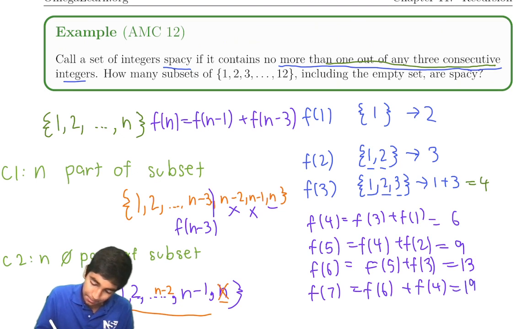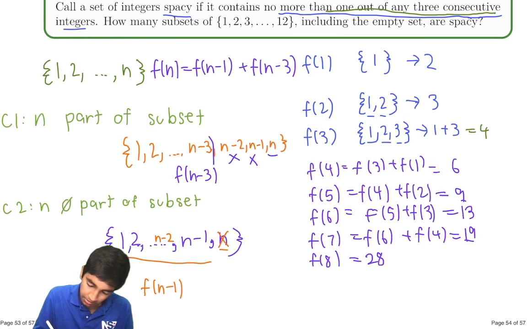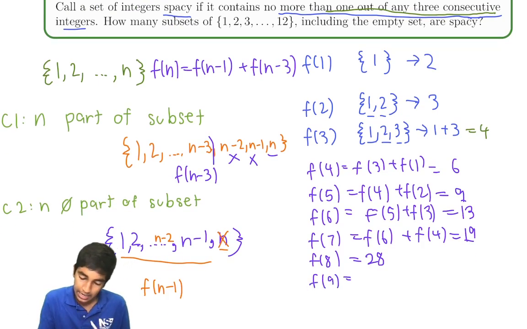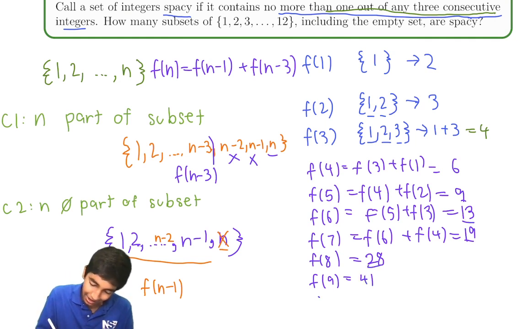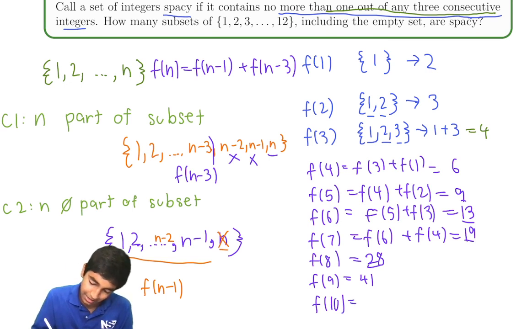F of 8 equals, I'm not going to write the whole thing now, just f of 7 plus f of 5, which is 19 plus 9, 28. F of 9 equal to f of 8 plus f of 6. F of 8 is 28, f of 6 is 13, 41. F of 10 equals f of 9 plus f of 7, 60. Just 40 plus 20.